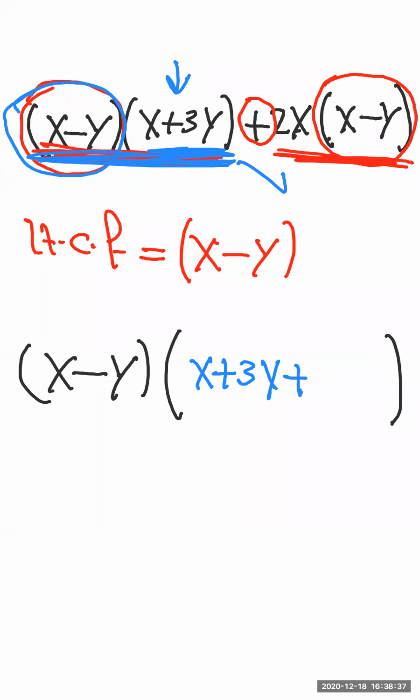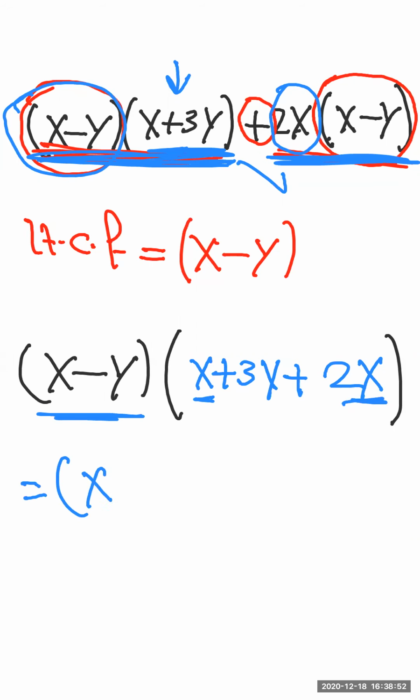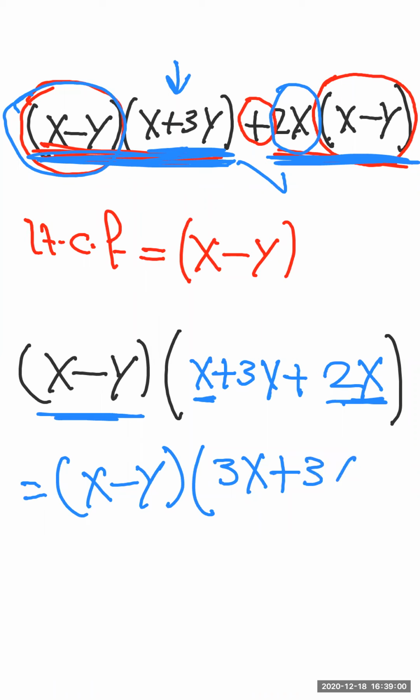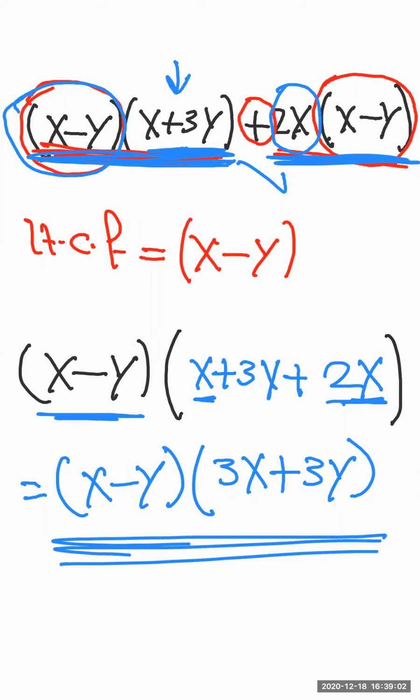Then what will be the remaining here? X minus y times 2x, so x minus y divided out, there is a remaining 2x. So plus 2x. So simply, guys, there is x and 2x here. So it will equal x minus y, which is the highest common factor, times 2x and x means 3x plus 3y. So now this is my factorization and the question is finished.